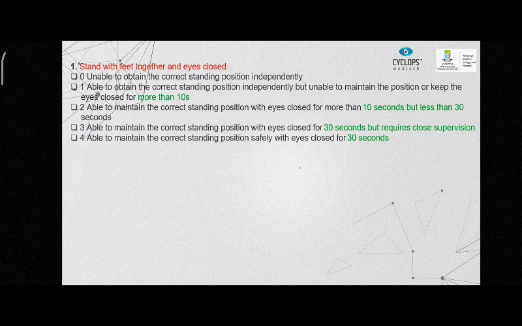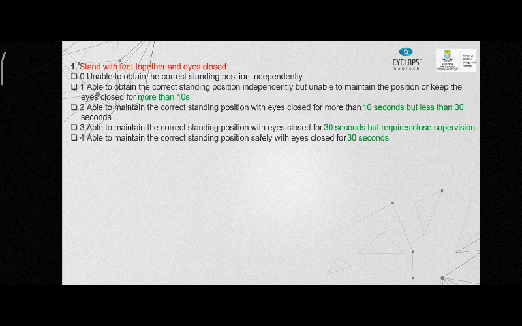If he is able to maintain the position with eyes closed for more than 10 seconds but less than 30 seconds, the score will be 2. The score will be 3 if he is able to maintain the position for 30 seconds but requires close supervision. And 4 is normal, where the patient is able to maintain the position for 30 seconds.